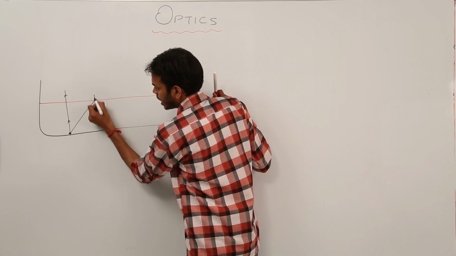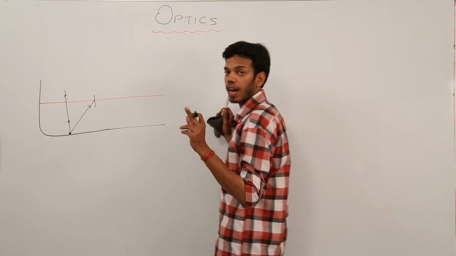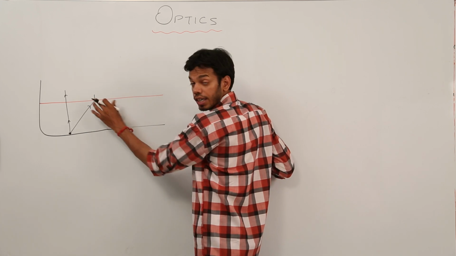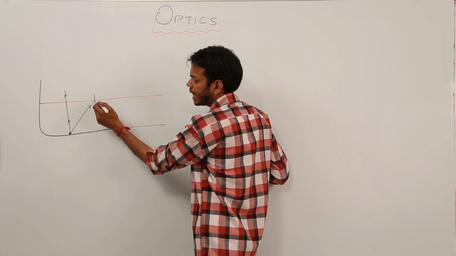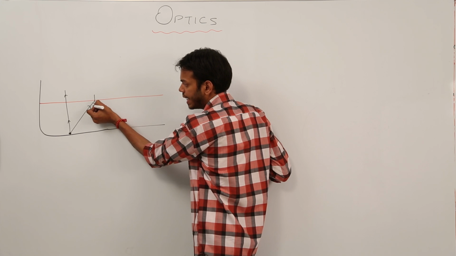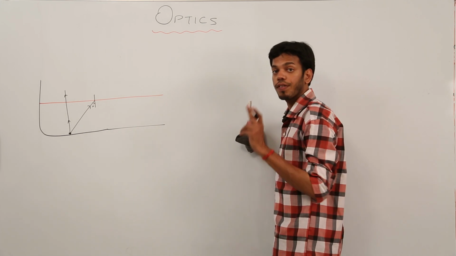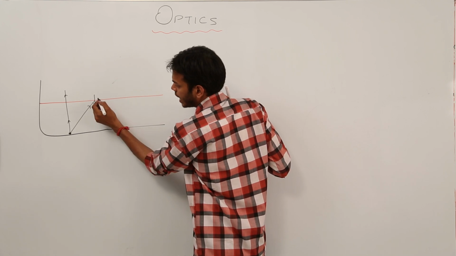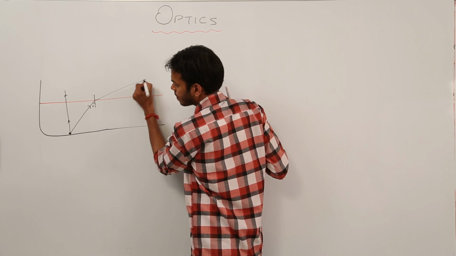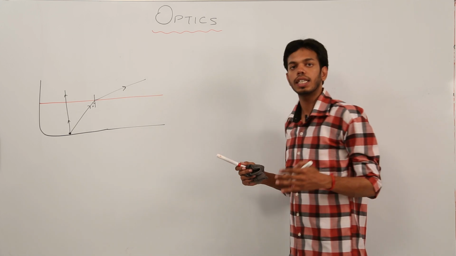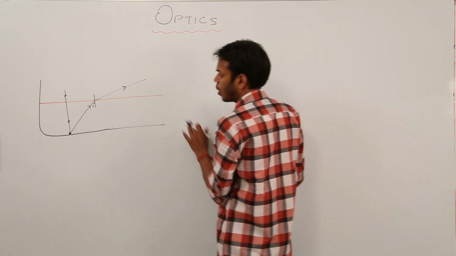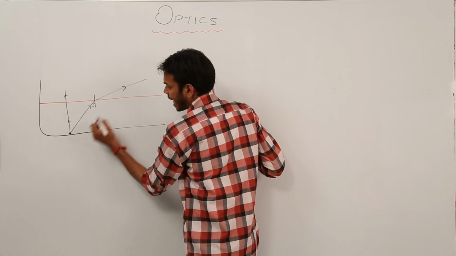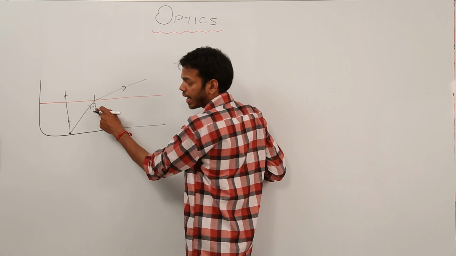This is the incident ray on this interface, that means this is the angle of incidence, and the refracted ray will not be in this direction, it will be in this direction because the ray is traveling from denser to rarer, it bends away from the normal. Now what happens if I increase the angle of incidence?